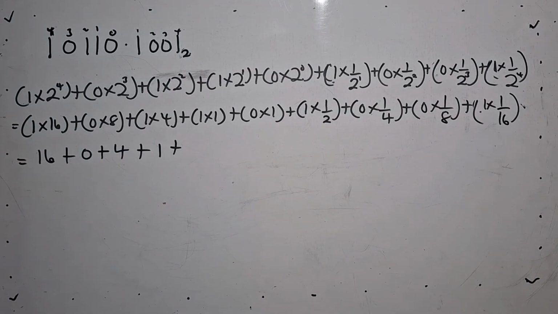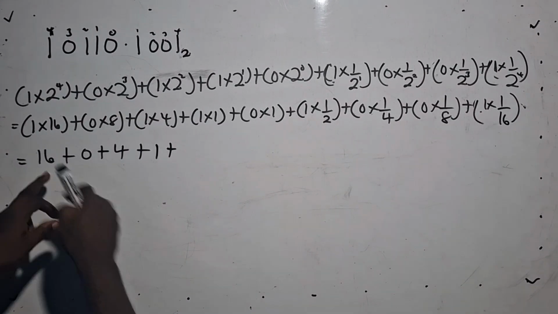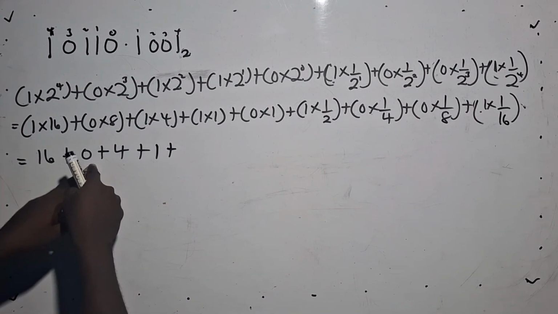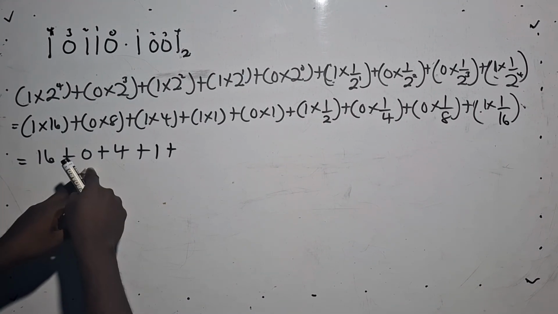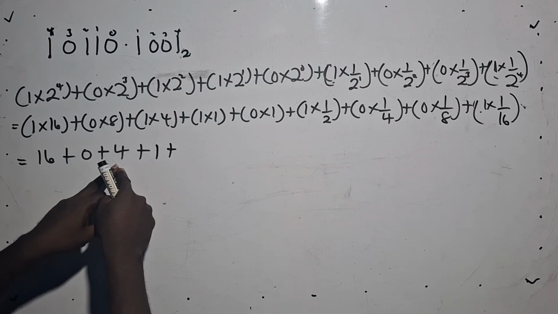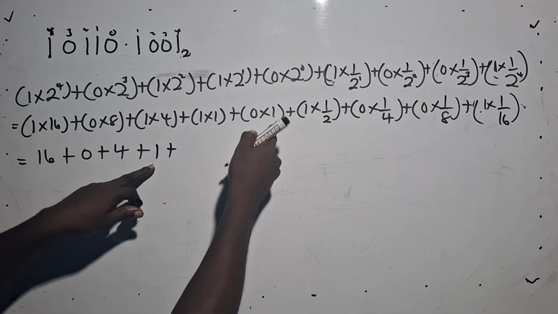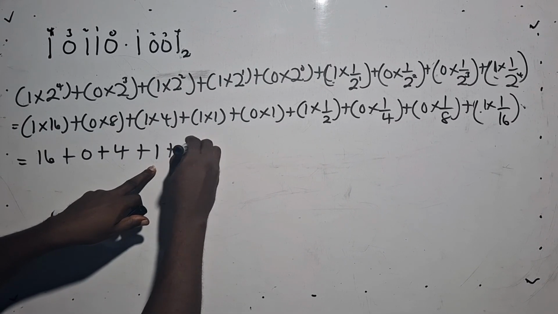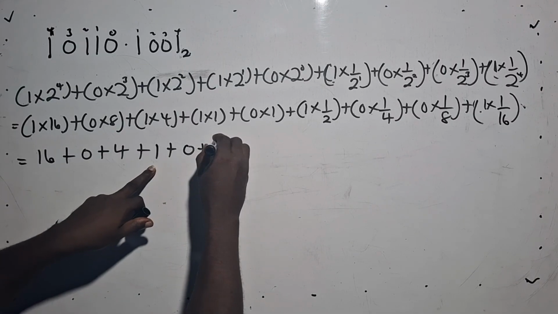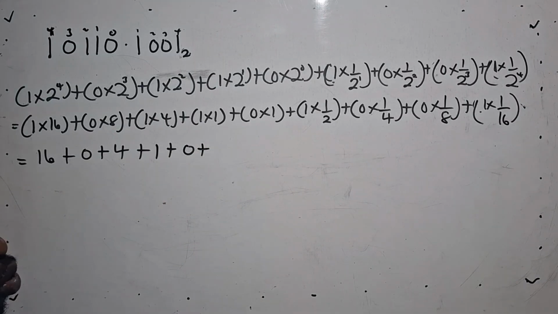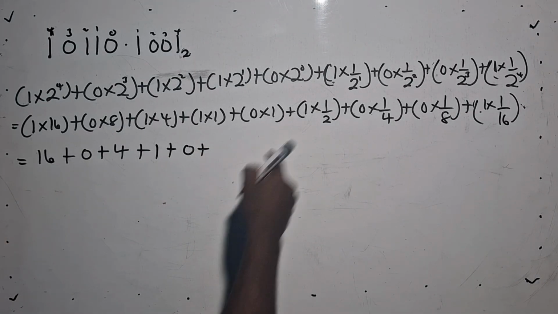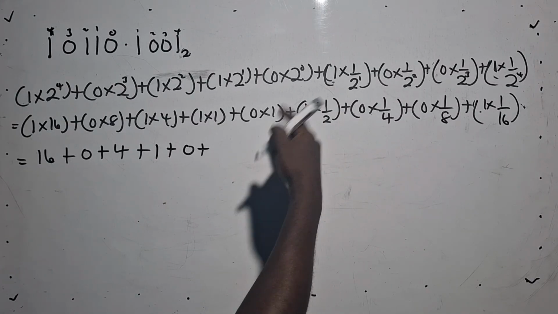Plus 1 times 1 on 2, and we know 1 on 2 is the same as 0.5. So 1 times 16 is 16, 0 times 8 is 0, 1 times 4 is 4, 1 times 1 is 1, plus 0 times 1 is 0, plus 1 times 1 on 2. So 1 on 2 in decimal is 0.5.